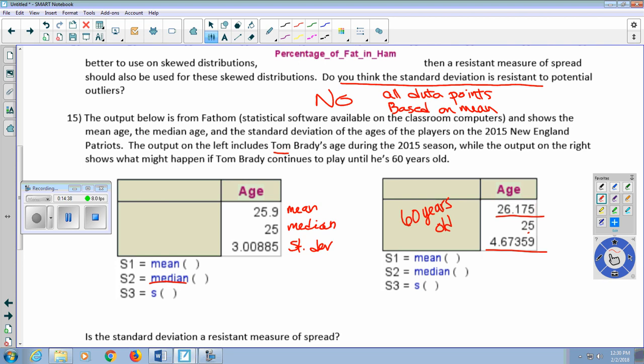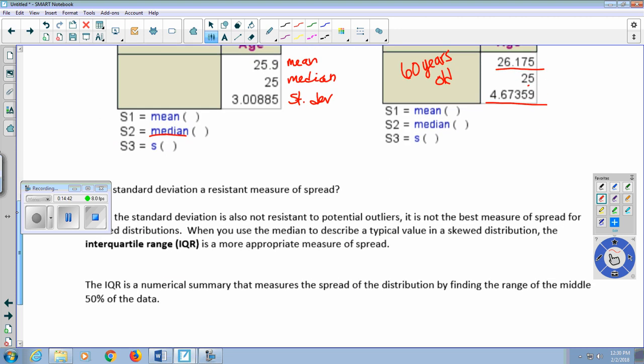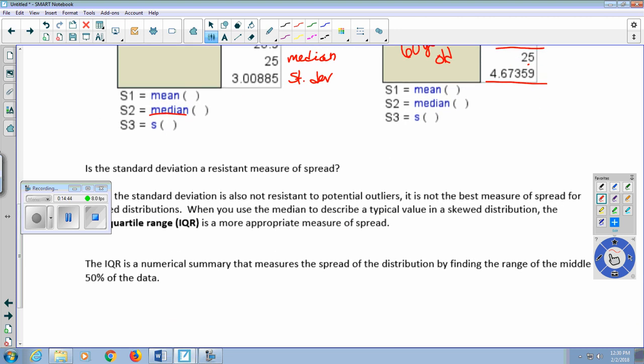So again, that's showing you that with an outlier, the standard deviation will change, and it might not be a good measure of spread for a skewed distribution.